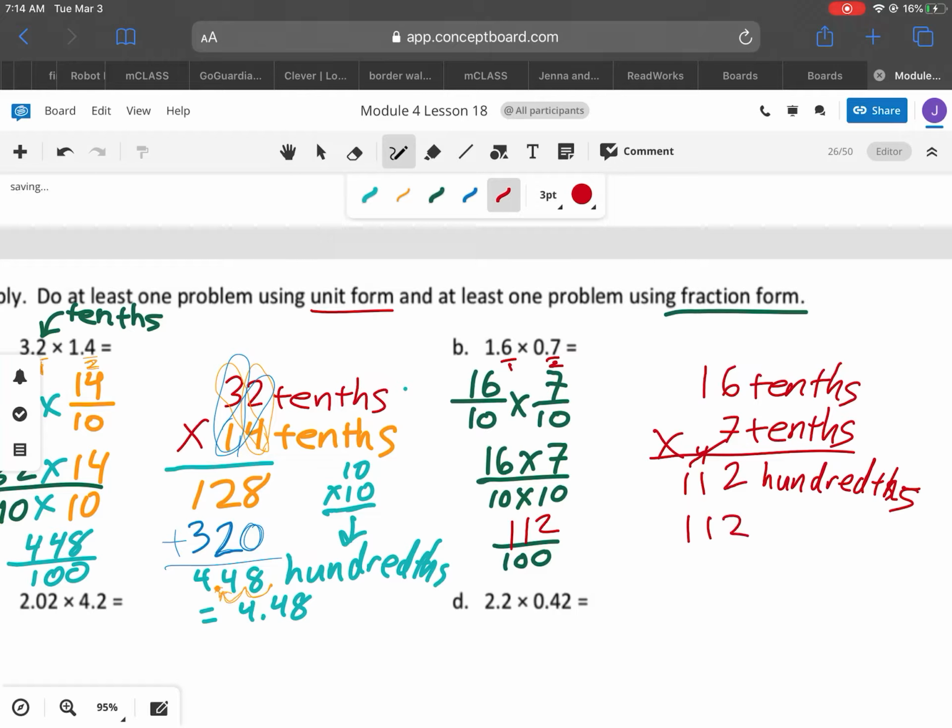So we're going to go from the back, 1, 2, and put our decimal. Now, the other way to do it is 112 hundredths. Well, you know that it would be 1 and 12 hundredths, which is the same as 1.12.